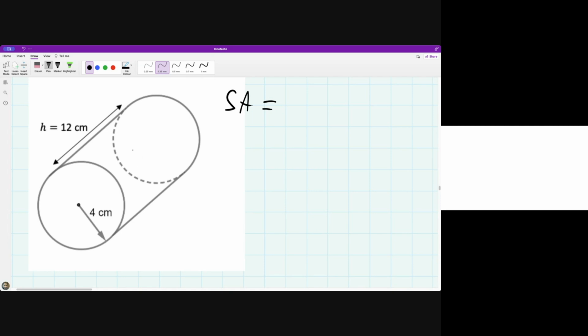Can you find me the surface area of the cylinder? And then when you found the surface area, can you find me the volume of the cylinder?